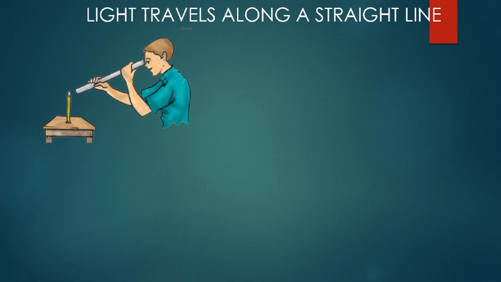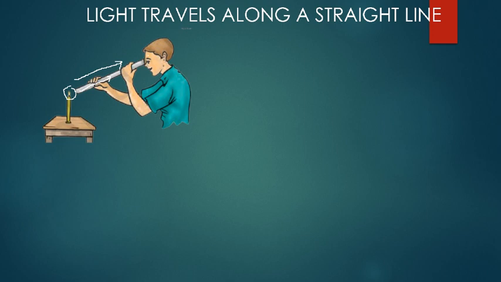Since the tube is straight, if you can see the flame from here, that means the light has traveled straight through the tube. It's a simple experiment to prove that light travels along a straight line.